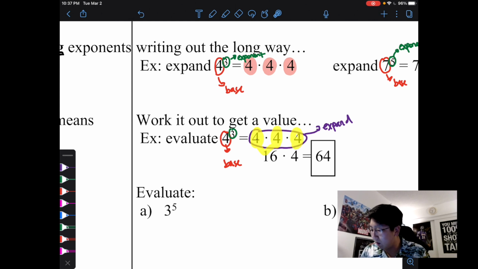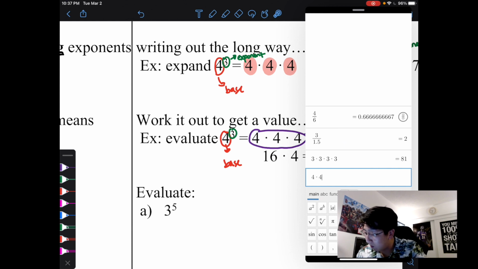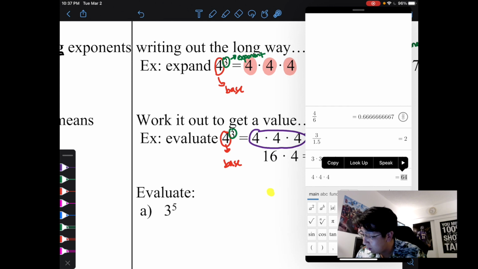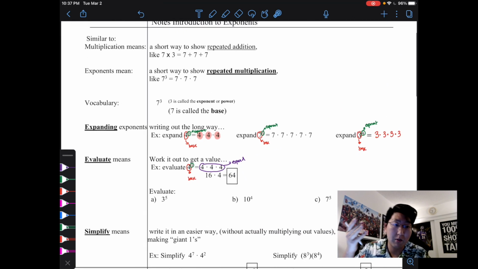So you can see 1, 2, 3. 4 times 4 is 16, and then 16 times 4 is 64. That's how I got that. Okay, so I can go ahead and take my calculator, go 4 times 4 times 4, and you can see that the answer is 64. And if you look right here, 64. And evaluate means to get an answer, to find a value.